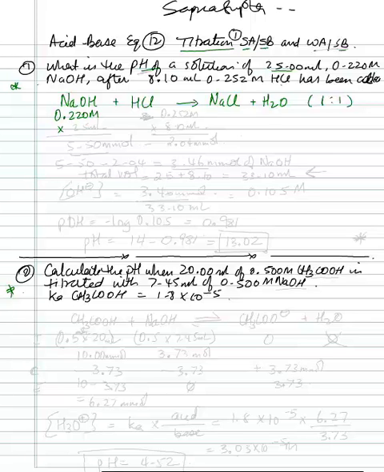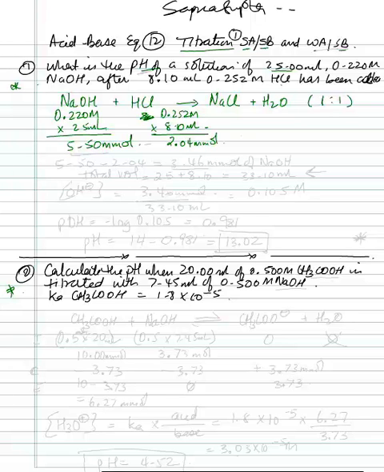Okay, all right then. So 25 milliliters of 0.220 molar times 25 milliliters gives us 5.50 millimole. Hydrochloric acid, 8.10. Let me write this in different ways. 0.252 molarity times 8.10 milliliters, and this gives us 2.04 millimole.